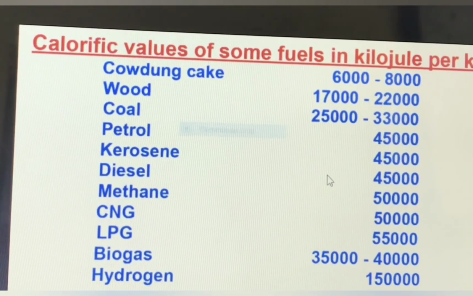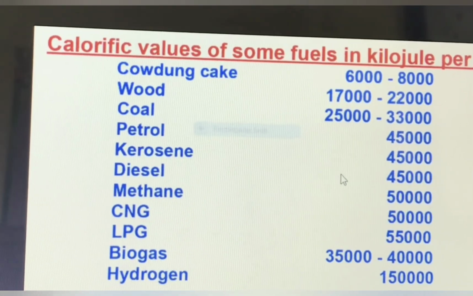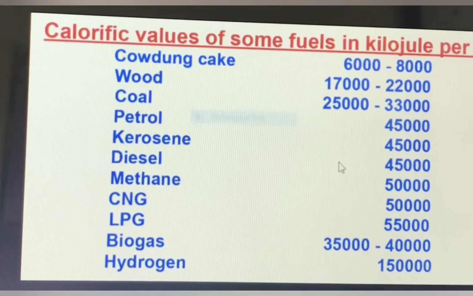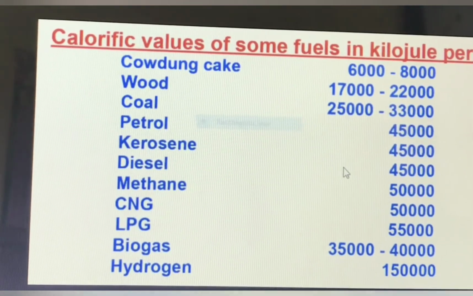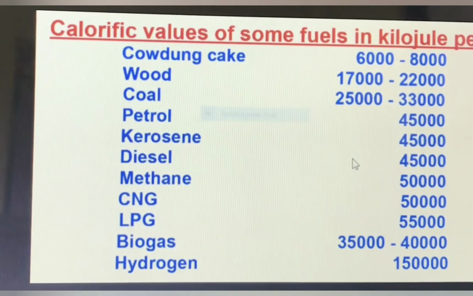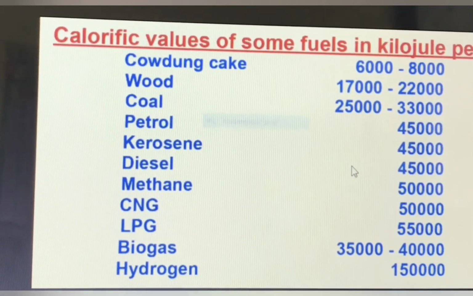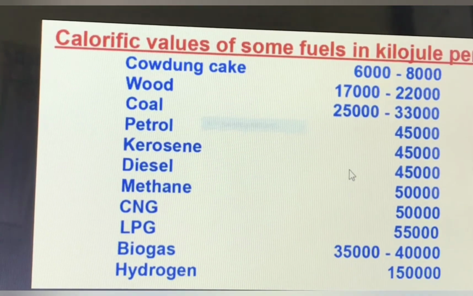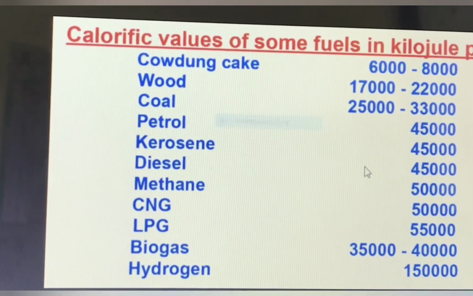But coal, petrol, kerosene, diesel may be used for both domestic and industrial purposes. The calorific values of these fuels are moderate. Hydrogen has the highest calorific value, but it can't be used as a fuel.